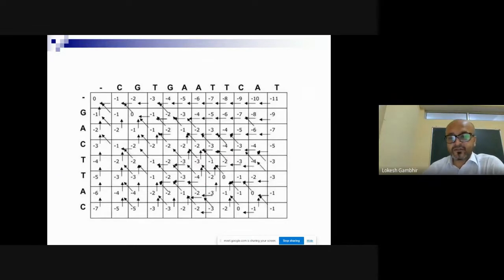Now, we had already understood the backtracking method. For every score, the computer started from this particular unit and moved in a diagonal direction, keeping in mind that the carry forward score is moving in both directions.